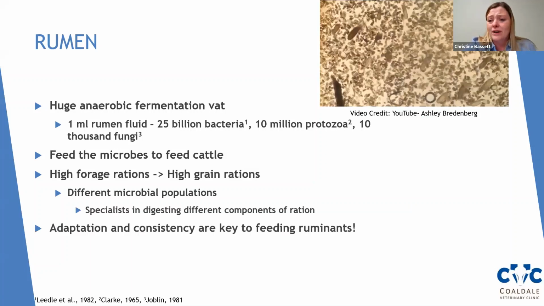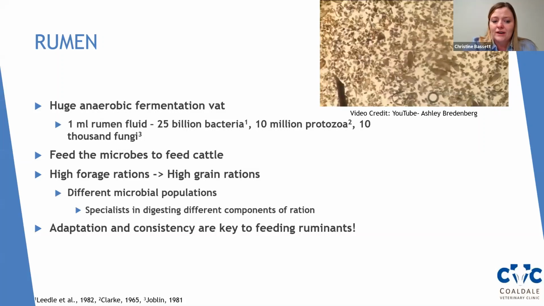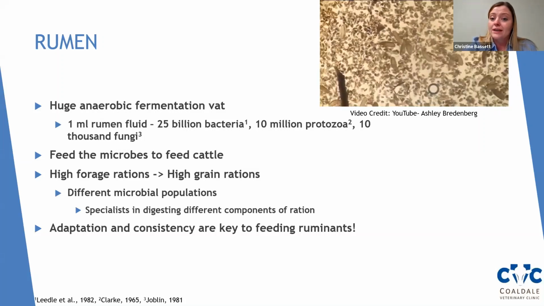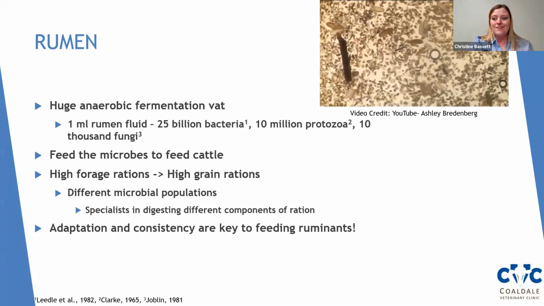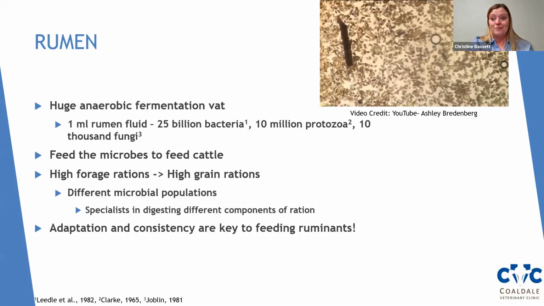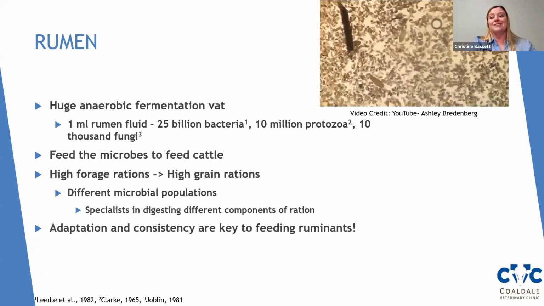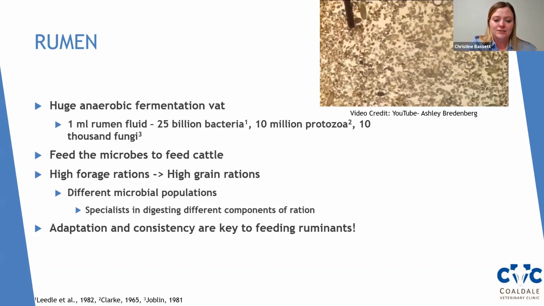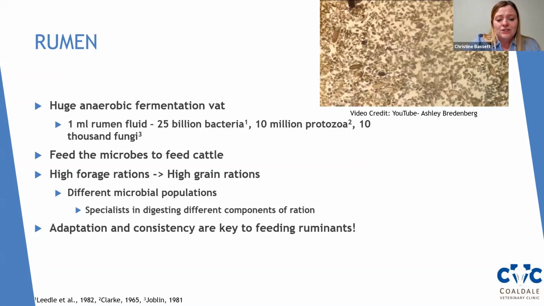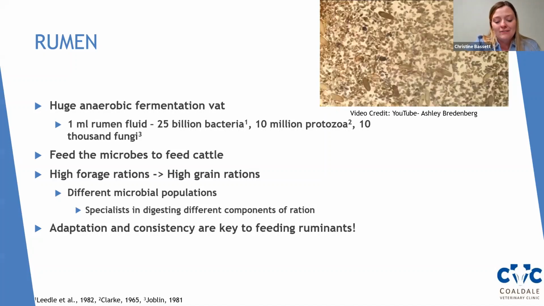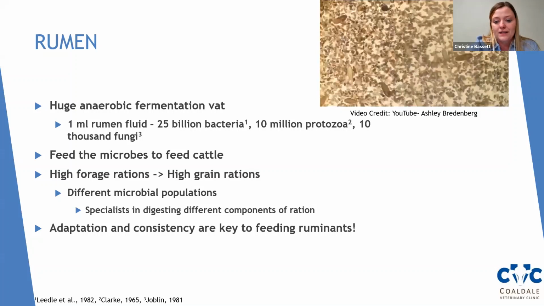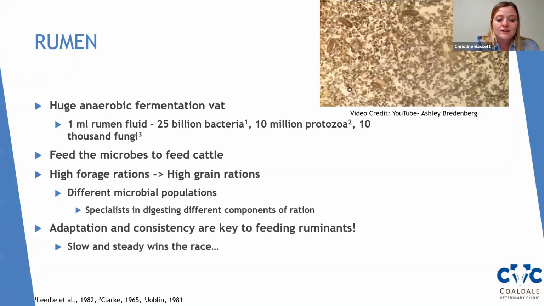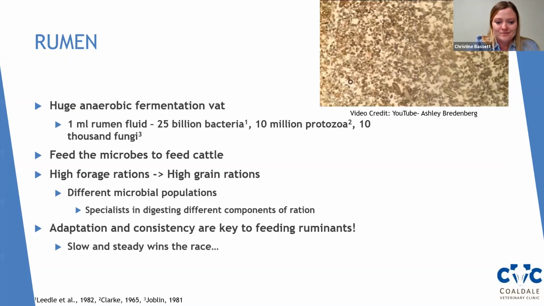When we want to change rations, we need to make sure that we adapt them slowly, giving those microbial populations time to develop and grow and get to their full potential before we change them again on the next ration. So making sure that we give them time and that everything we do is consistent is going to be the key when we start talking about feeding ruminants. Slow and steady wins the race.